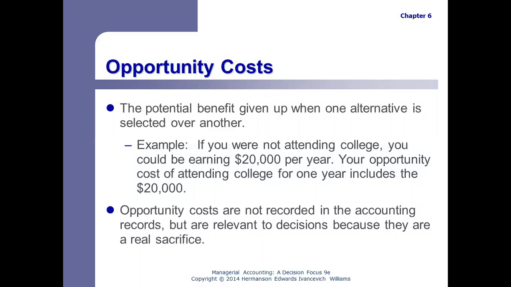Okay, that's an opportunity cost. Sometimes we need to look at opportunity cost in making certain decisions because you're sacrificing a current revenue in order to gain more revenues in the future. So as we look at each of these decisions that we're going to be analyzing, we'll see how opportunity costs are going to affect those decisions.